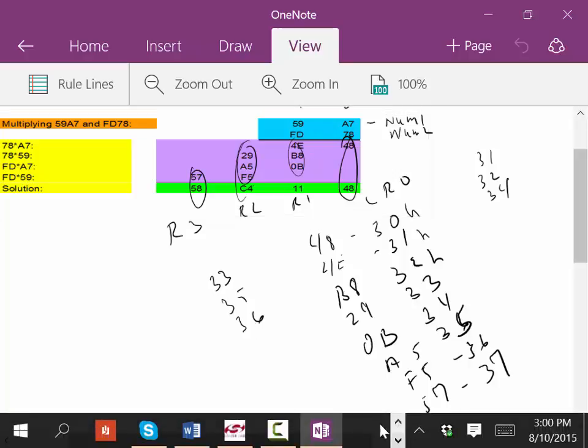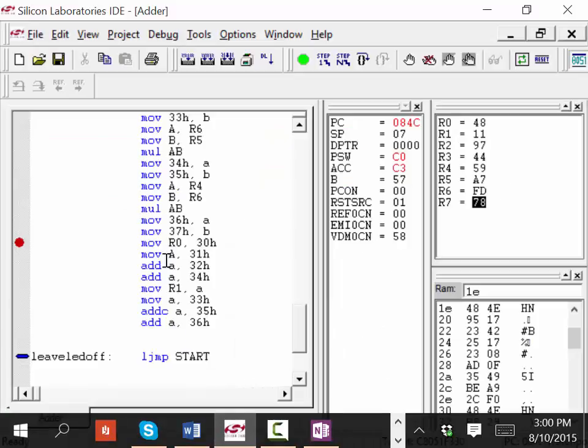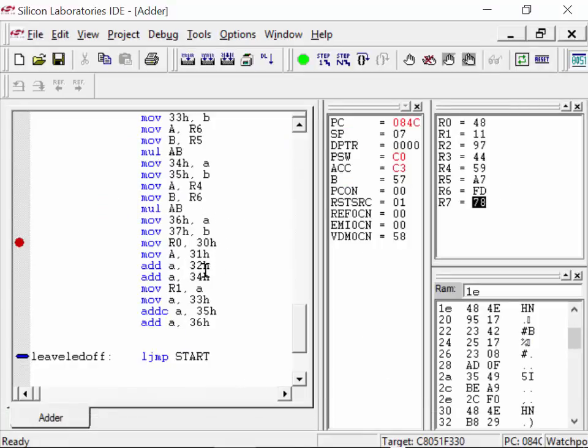So let's go back to our code, and you'll see what I mean. Here we're adding 31 and 32 right there. We're adding those two there. That resulted in a carry, right? And a carry was lost.